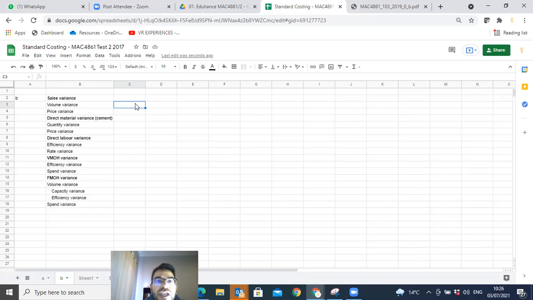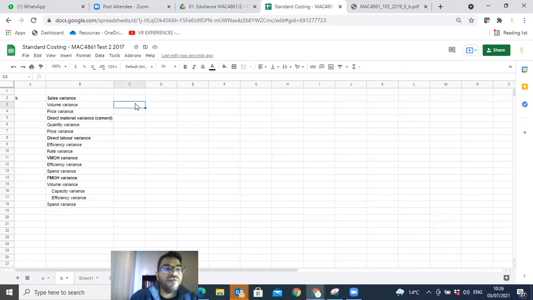Which price do we use? The budgeted or the standard price. When we are doing the price variance, we're comparing standard price with actual price, and we hold quantity constant. Which quantity? Actual quantity. Train your brain so that you don't get confused.